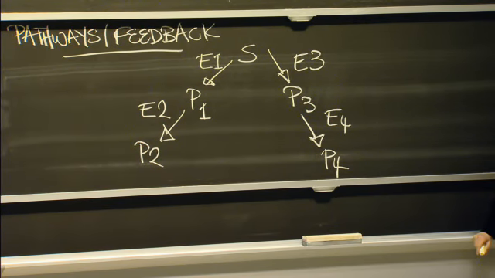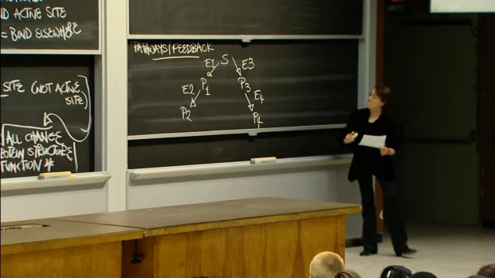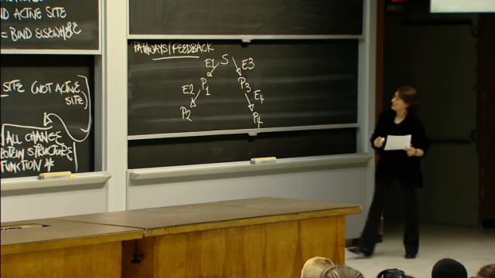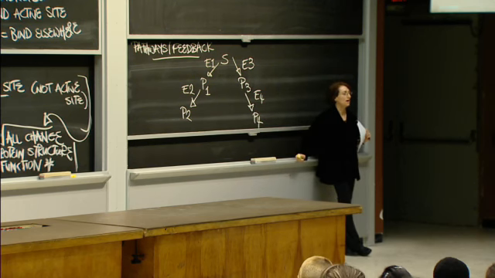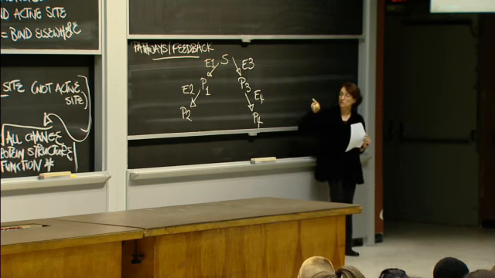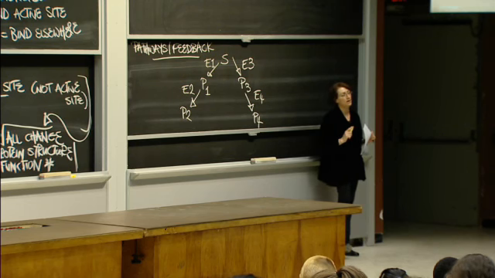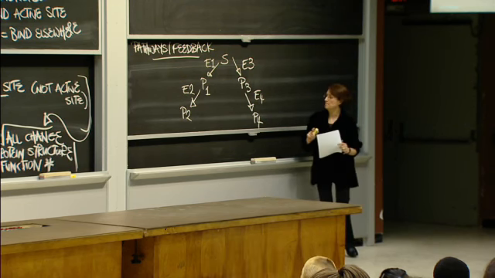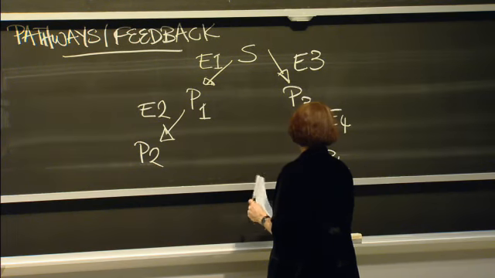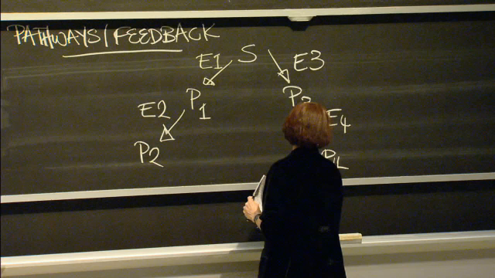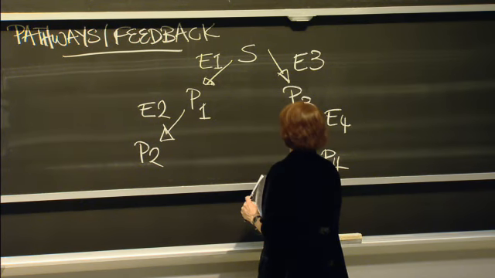It's a bifurcating pathway. It may be that if you've got this branch, the E3, E4 branch of the pathway active, you actually want to shut off production of the other pathway. And it may be that if you get product 4 made, you actually want to shut off production of product 2.